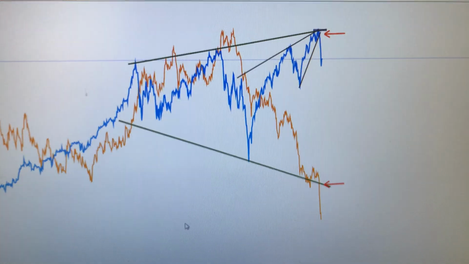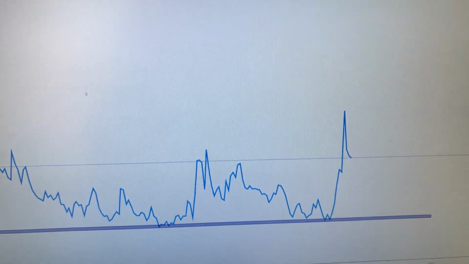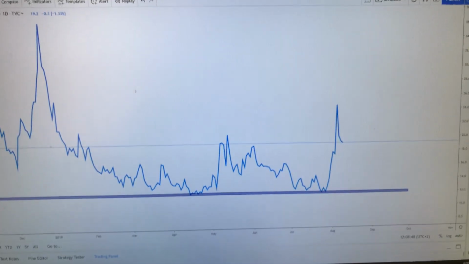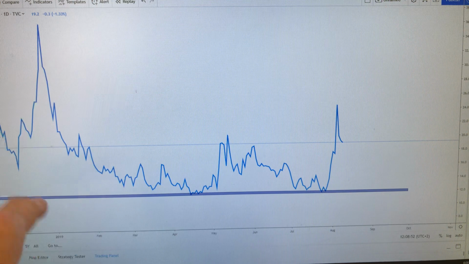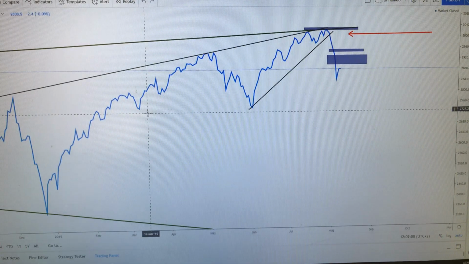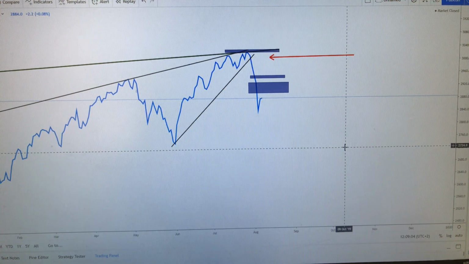Now, what I really wanted to show you is a chart of the VIX. Now this looks like just a nothing chart, but what this really represents is the implied volatility of the S&P 500. So when the market gyrates, and when I quickly go back to the S&P chart, one of the ways you can take advantage of this is by using implied volatility to your advantage.